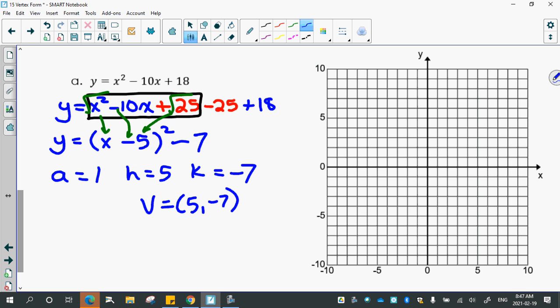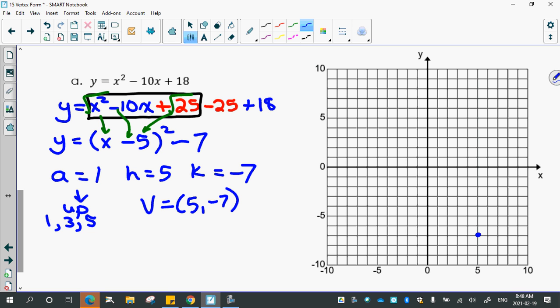So we plot (5, negative 7) right here. And then the step number being positive 1, since it's positive, it means I'm going up. And then 1 times A is 1, 3 times A is 3 because A is 1, 5 times 1 is 5, and it'll be 7.